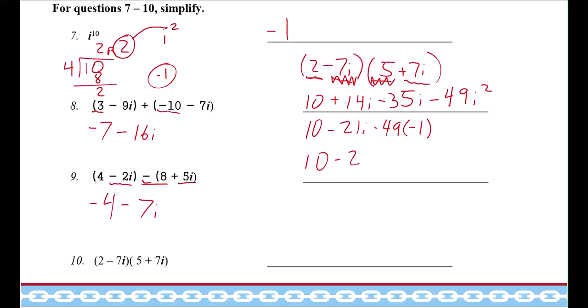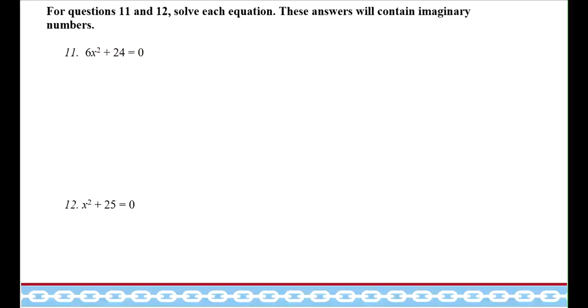So we get 10 minus 21i plus 49, because negative 49 times negative 1 is positive 49. And then I would do one last combine like terms on the 10 and the 49 for a final answer of 59 minus 21i.